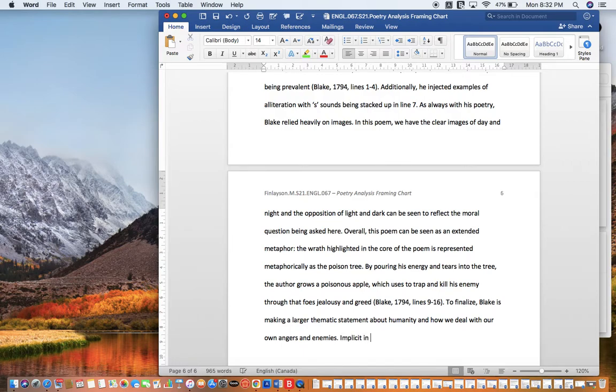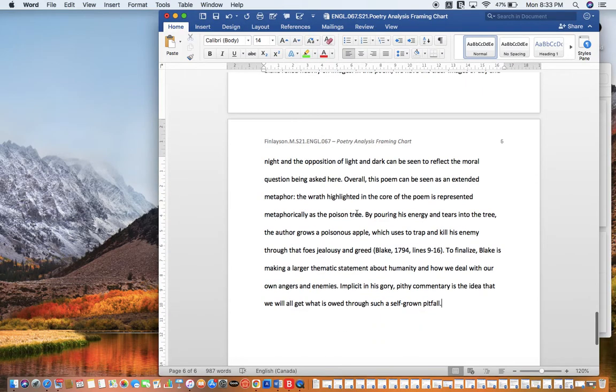Implicit in his gory, pithy commentary is the idea that we will all get what is owed through such a self-grown pitfall. So there you go.